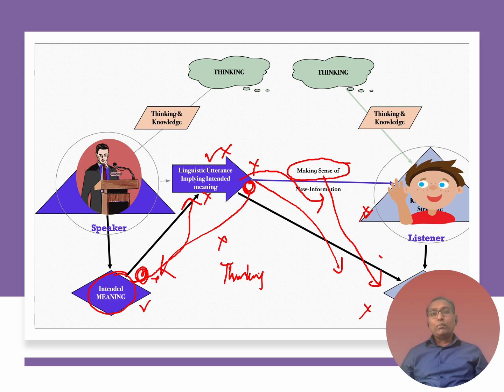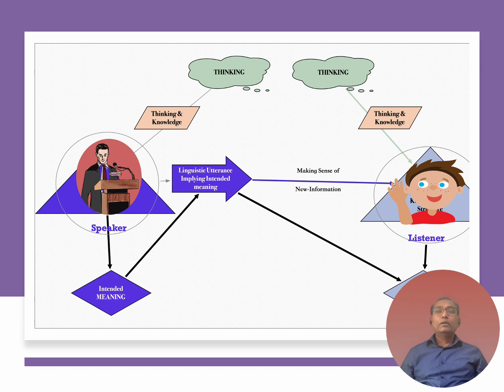So one way of thinking about it, again, we talk about this in the upcoming slides, is the idea that a speaker implies when he speaks. A listener has to infer what the speaker is implying.